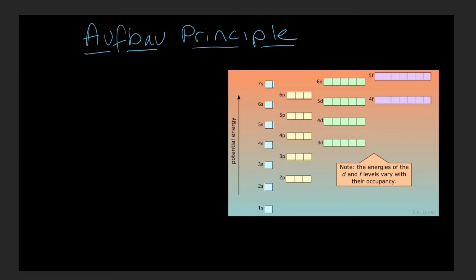The Aufbau principle tells us that electrons will fill atomic orbitals of the lowest available energy levels before occupying higher energy levels.